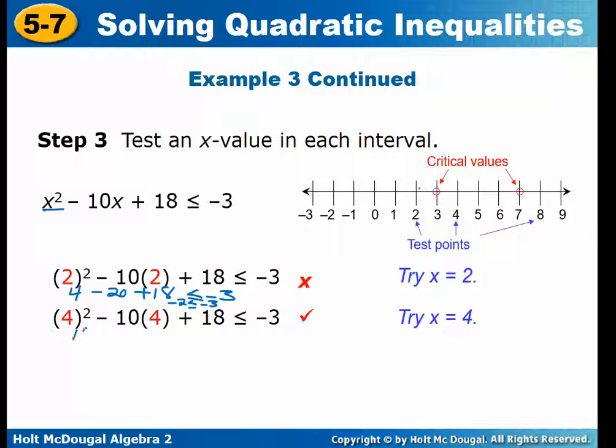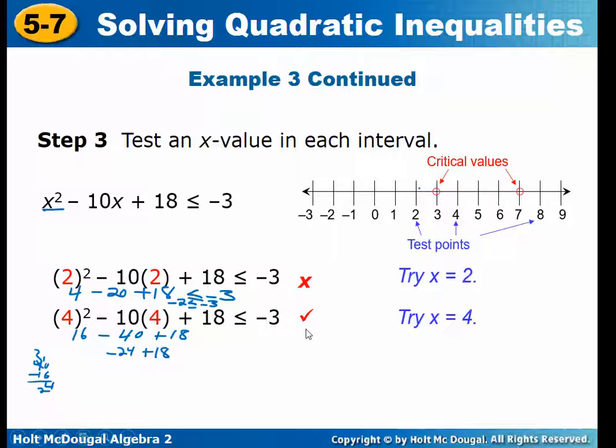So 4 squared is 16, minus 10 times 4 is 40, plus 18. So 16 minus 40 is negative 24. Negative 24 plus 18 is negative 6, and negative 6 is less than negative 3, so that one worked.